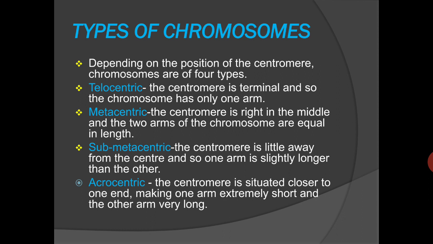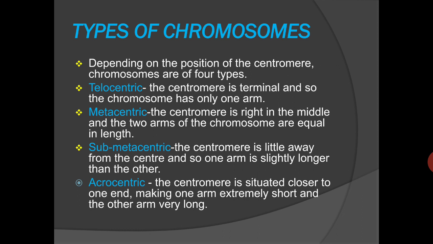In the telocentric, the centromere is terminal, so the chromosome has only one arm. In the metacentric, the centromere is right in the middle, and the two arms are equal in length.